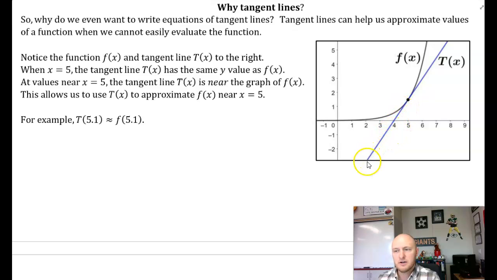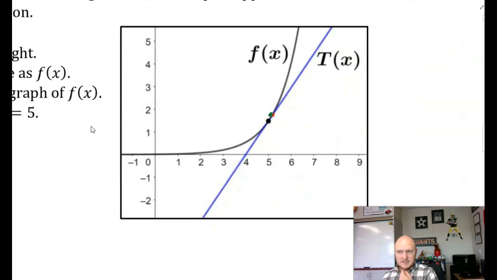Not so much down here, like at 2 and at 9, but right around 5, these values of t of x, that linear function, are really close to f of x. So this idea allows us to use that tangent line to approximate values near x equals 5. For example, t of 5.1 is approximately the same as f of 5.1, which is maybe right here.